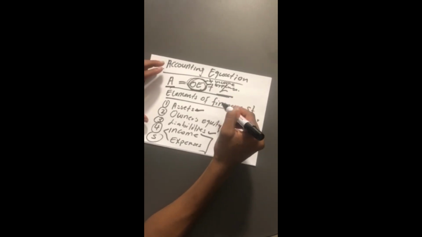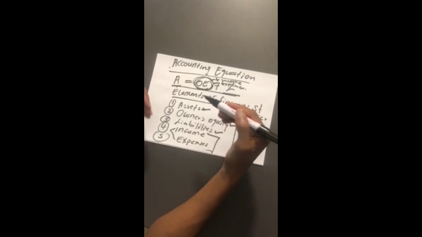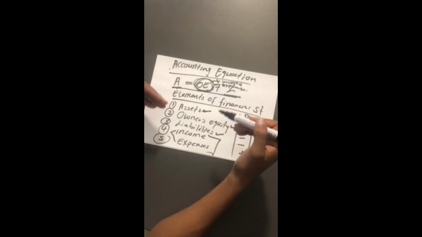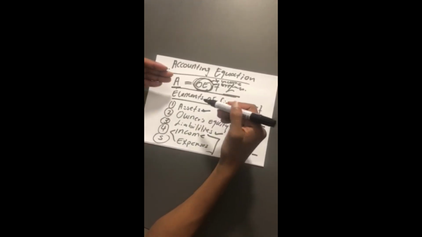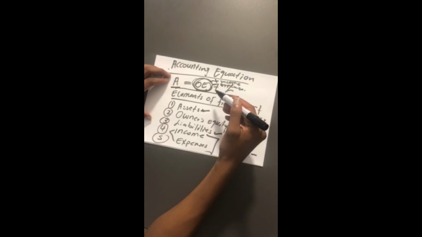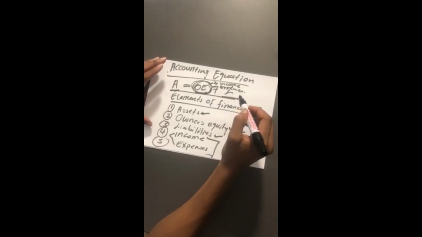Once you get that, some of you ask, how do I record the income and expenditure in the accounting equation? They affect your owner's equity. I repeat, your income increases your owner's equity, and the expenses decrease your owner's equity. Take it from here. Thank you.